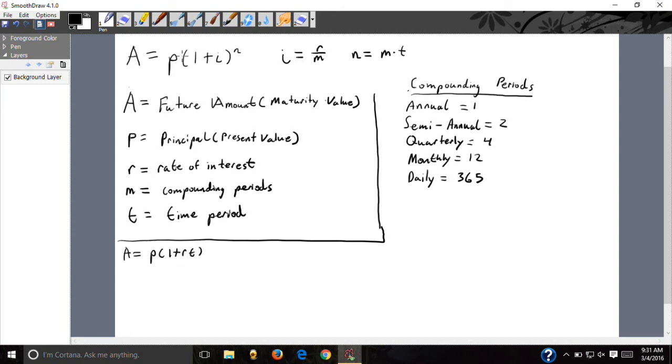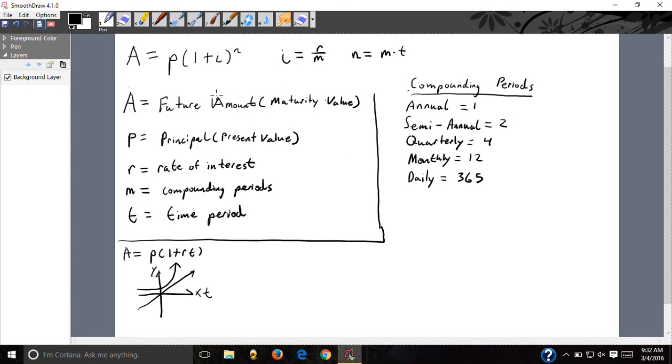If I were to graph both of these functions, the simple interest would look like a straight line versus this one, which is to the exponent, which will follow an exponential curve. This is my x, this is my y. And we know that x is actually our time period.